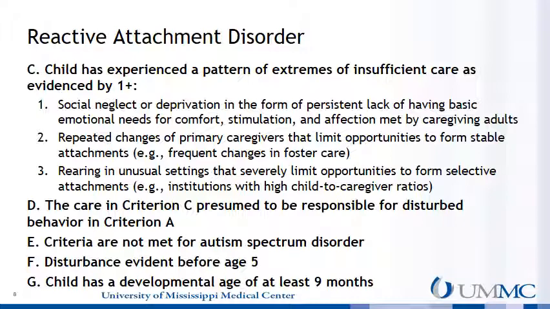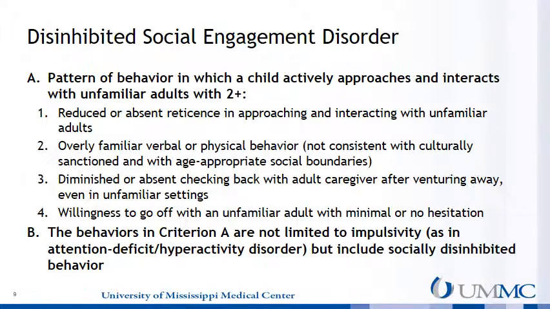Now, Criterion D stipulates that the care in Criterion C that we just went over is presumed to be responsible for the disturbed behavior in Criterion A. Further, the criteria are not met for autism spectrum disorder, that would be a rule-out, and disturbance is evident before the age of 5 and for children who have a developmental age of at least 9 months.